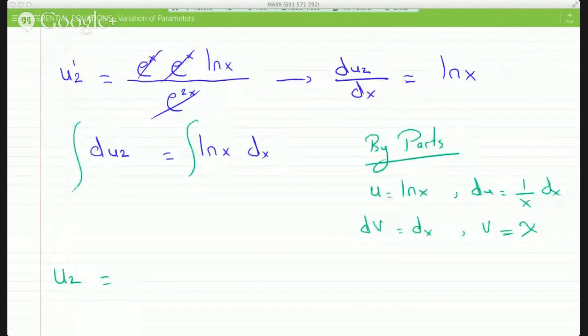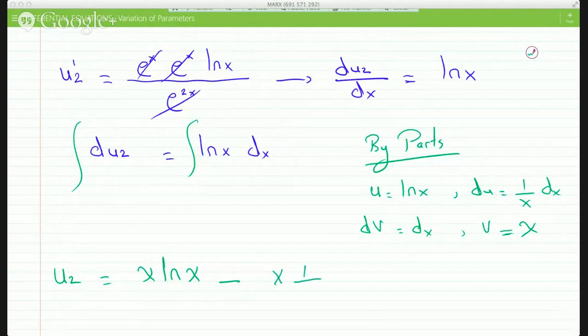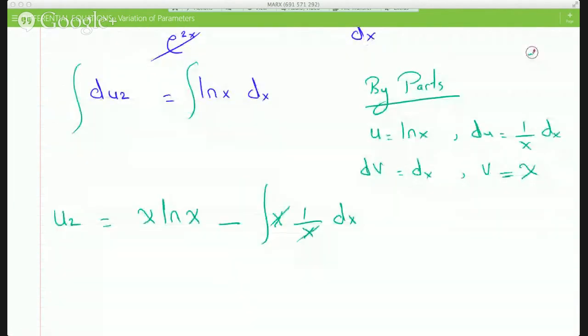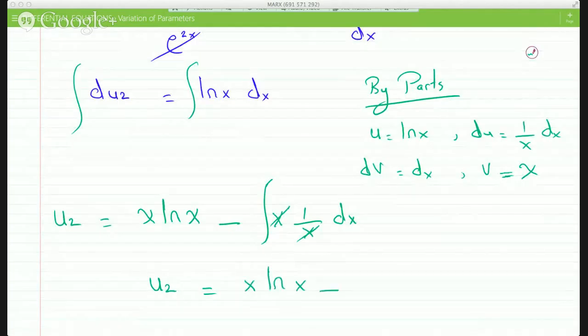So uv, x ln x minus the integral of v du. v is x and du is 1 over x dx, and these two go away. And what's the integral of dx? x. So we get u2 equal to x ln x minus x.